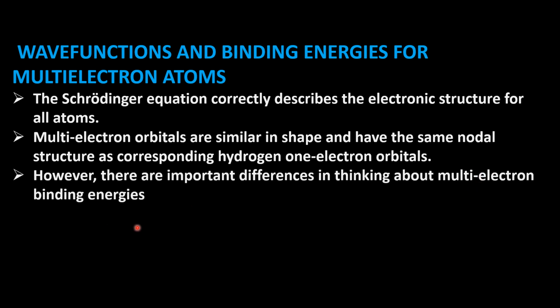And so what about the differences? However, there are important differences in thinking about multi-electron binding energies. When we talk about the binding energy, it is different for the one-electron system and for the multi-electron system.